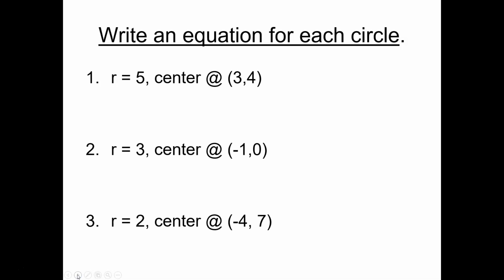Another thing we need to be able to do is to write the equation if we know the radius and the center. So if we have, for example, number 1, we would just have x minus 3 squared plus y minus 4 squared equals the radius squared, which would be 25 in this case. Liam, what would the equation be for number 2?